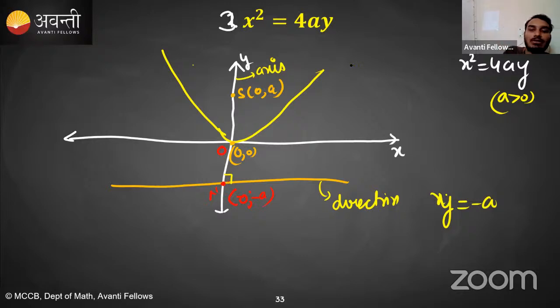You should remember directly what the directrix is. You should remember the definition that the vertex is nothing but the midpoint of the foot of the perpendicular and the focus.